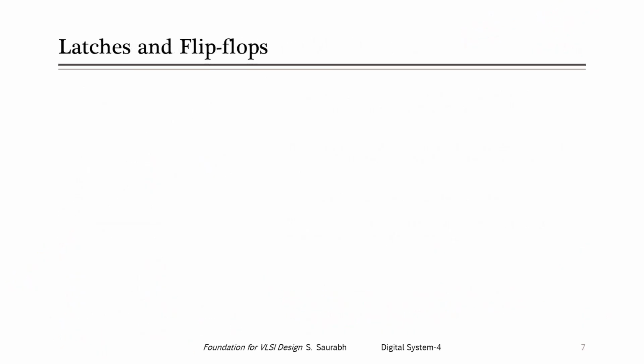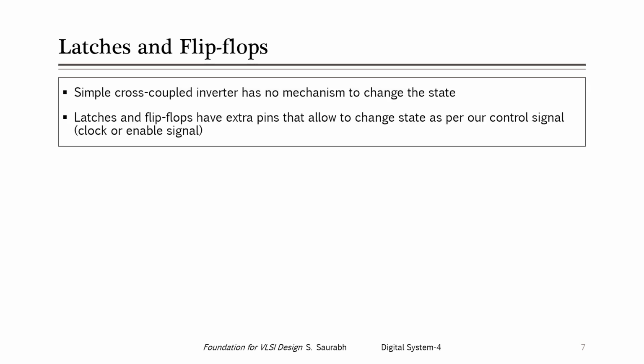Now we looked into the cross-coupled inverter pair. For understanding memory action and various states, a cross-coupled inverter pair is a very good system. But in a real memory, we want the change in state to be brought about as we want, so we can easily read and write values from the memory.